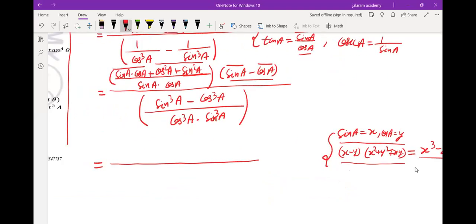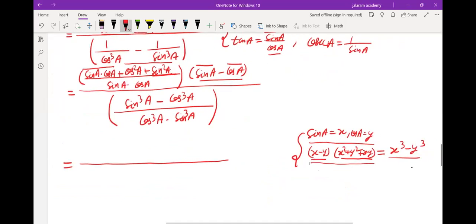So in the numerator of the first bracket, sin A cos A plus cos²A plus sin²A is x² plus y² plus xy, and the second bracket is x minus y, so it can be written as x³ minus y³.